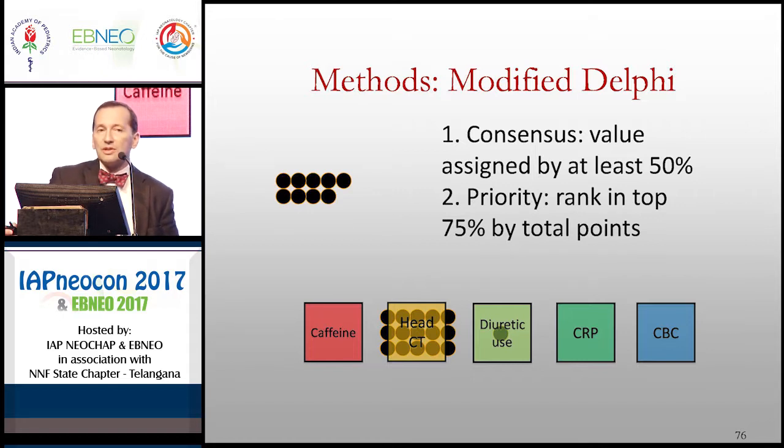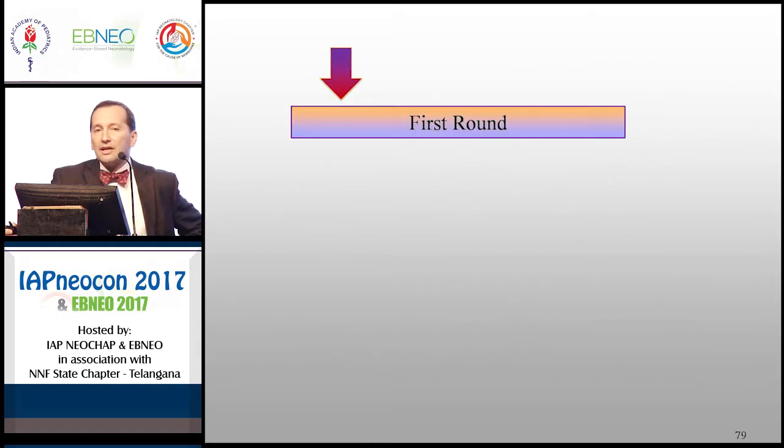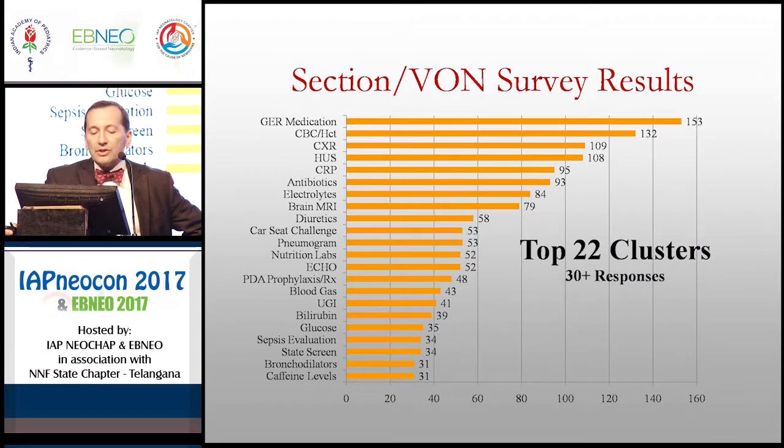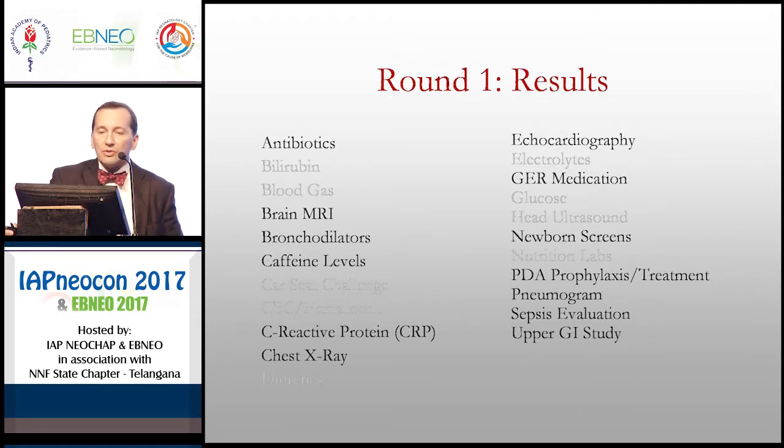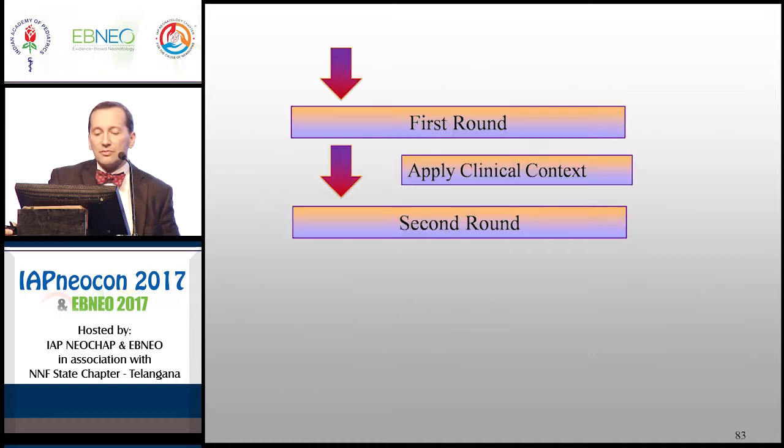Then we had some rules that we applied for deciding whether items would go along to the next stage of assessment. We started out with 22 clusters that involved things like gastroesophageal reflux medications, antibiotics, and so on in certain situations, chest x-rays, and after the first round of voting, we reduced those down to only 14.